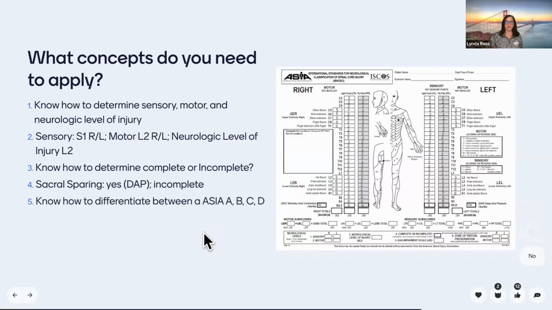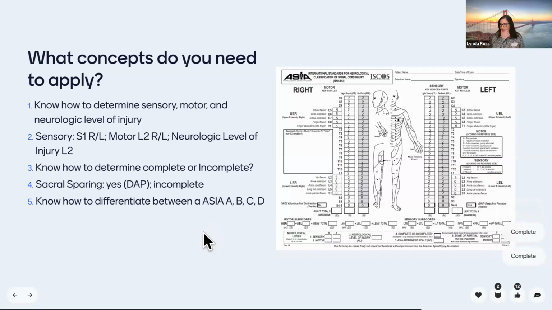Okay, so how do you differentiate between an ASIA A, B, C, and D? What's an ASIA A again? Complete, right? So we ruled that out. It's incomplete because of the sacral sparing. What about an ASIA B?